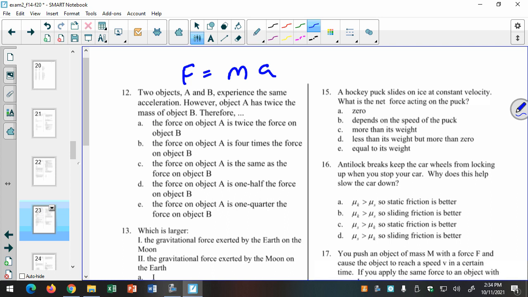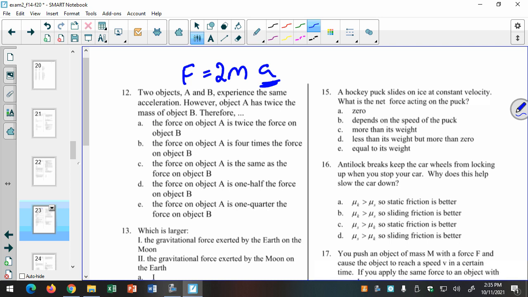It has a bigger force because it has twice the mass, but it has the same acceleration. Is the force on object A twice as big or 4 times as big? 4 times? What do y'all think?